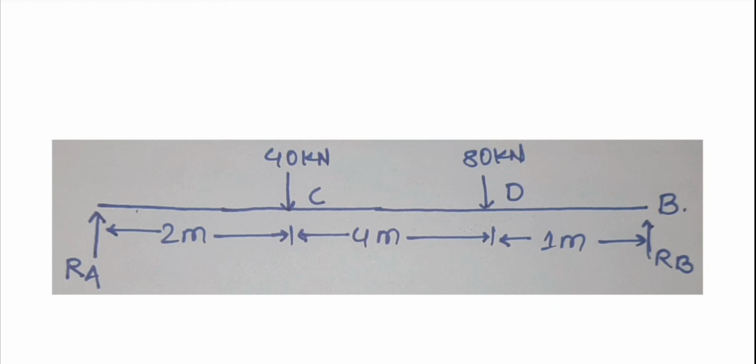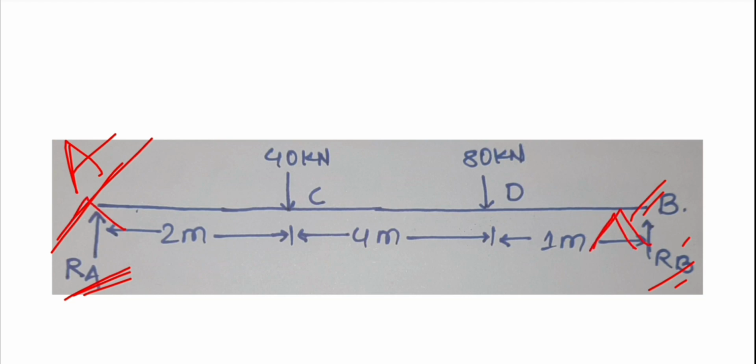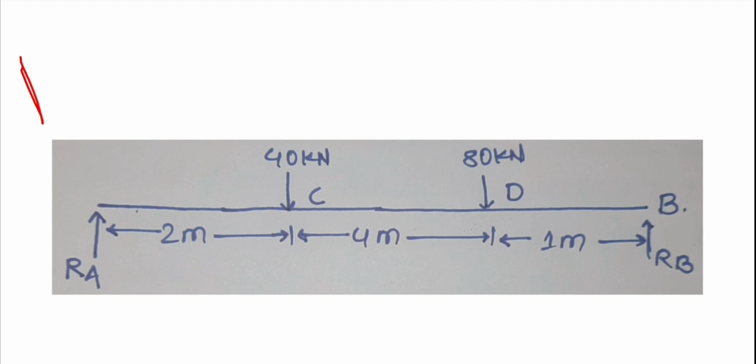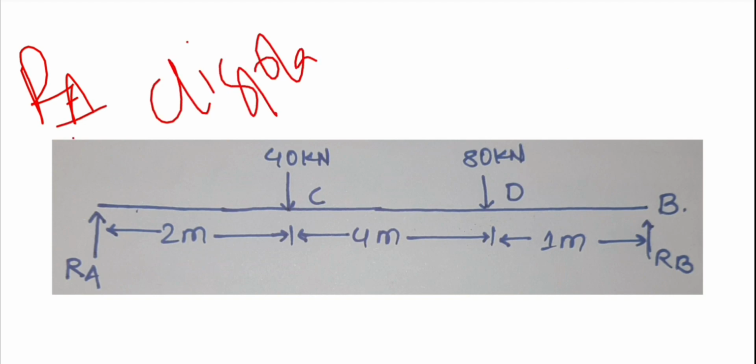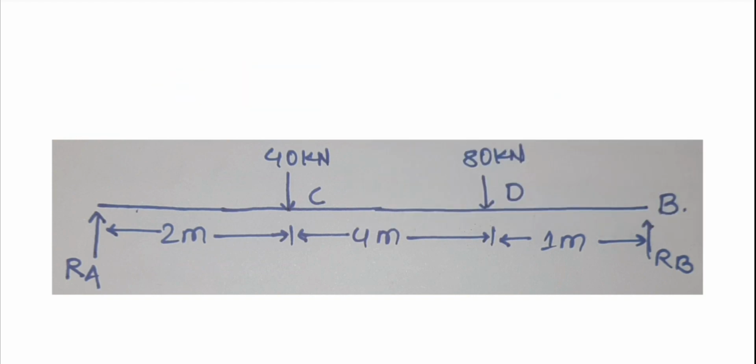So RA and RB will be the forces acting on point A and point B in the perpendicularly upward direction. Okay, so first of all we will consider RA. We will consider that the displacement is taking place due to RA. First we will find RA.